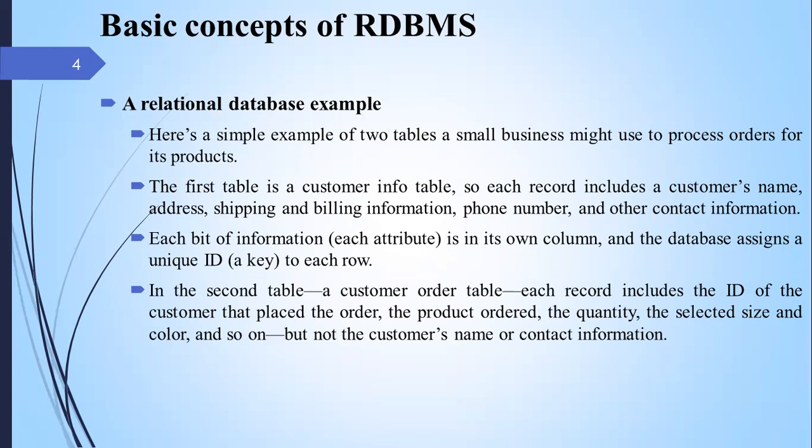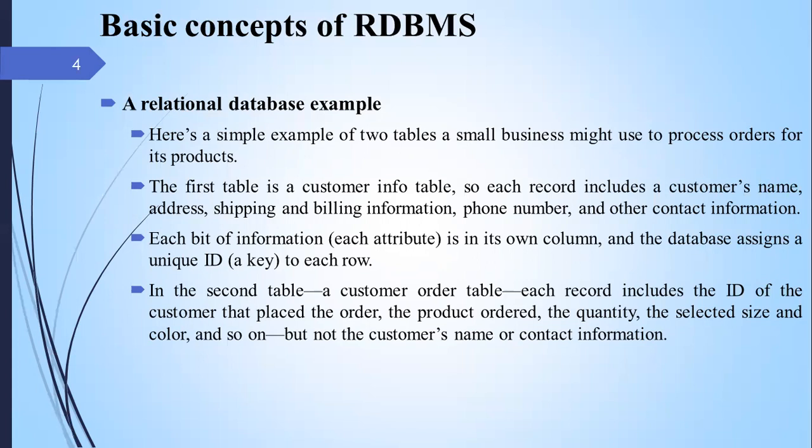So what are the different columns? Here the columns are the customer name, address, shipping and billing information, phone number, and contact information. These are the attributes, or columns, of the table.